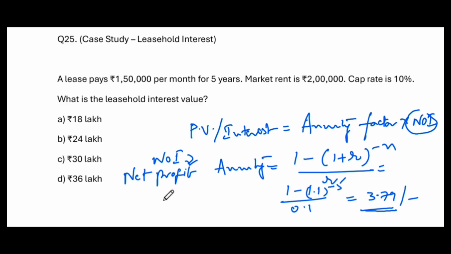By benefiting from every annual return of net profit of some amount, we have to calculate the present worth of the property. That is also called YP, years' purchase, or the annuity factor.